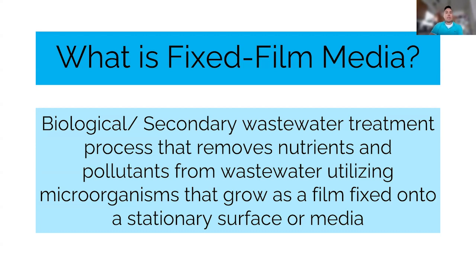It's sometimes called a slime, is what fixed film can be called as well. Now, like most of our biological treatment, fixed film media mimics mechanisms first observed in the environment. And adding this type of process is important to wastewater treatment because it can remove up to 90% of the wastewater's biological oxygen demand.